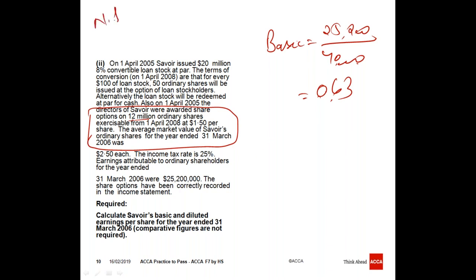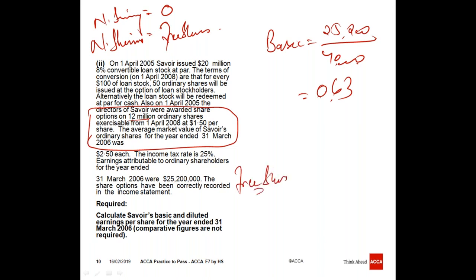So the notional savings for the share options will be 0, and notional shares will be total shares, free shares, sorry, free shares. Then how to calculate the free shares?